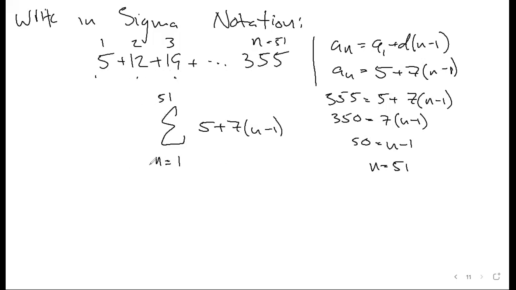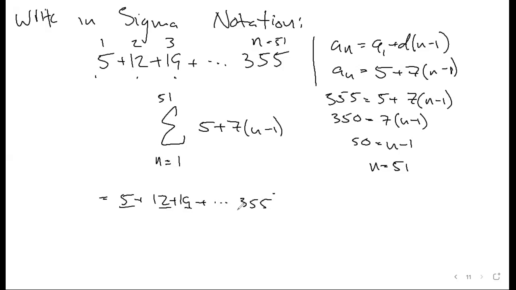So when I expand this out, I should get 5 plus 12 plus 19 plus all the way up to 355. And that actually works. If you plug in n equals 1, the first term you'll get is 5. If you plug in n equals 2, 5 plus 7 times 2 minus 1 is 5 plus 7, which is 12.